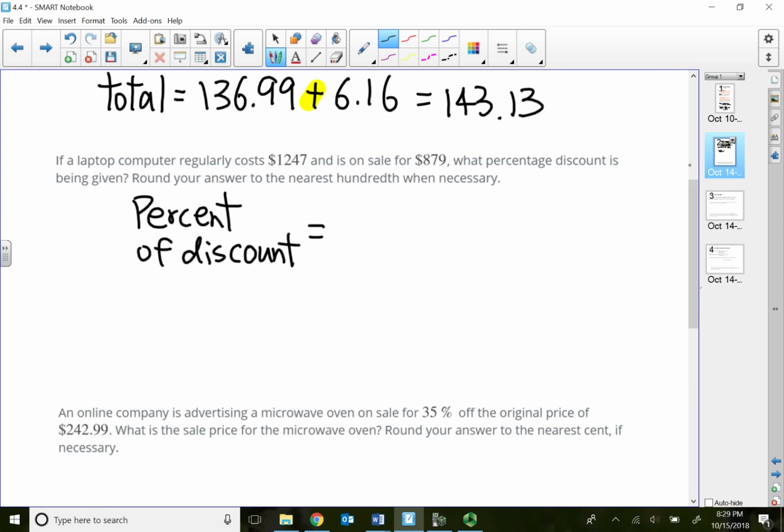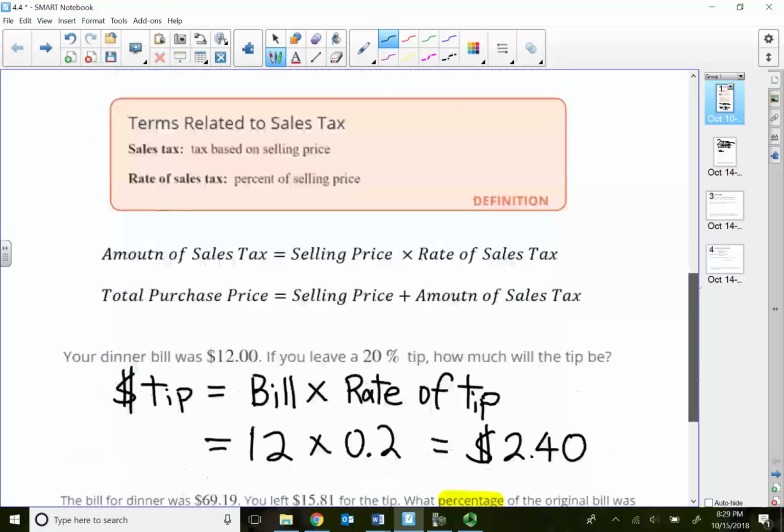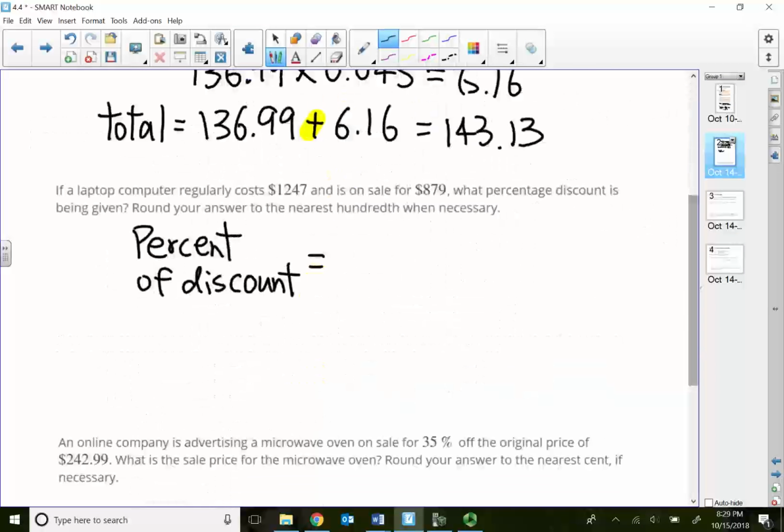If I go back to the first page here, I don't have anything on percent of discount, but we know when we're trying to find percent, it's always part divided by the whole. Except now my part has to actually represent the discount. The problem never says I'm getting a discount of $879. The problem just says it was $1,247, and now it's on sale for $879.